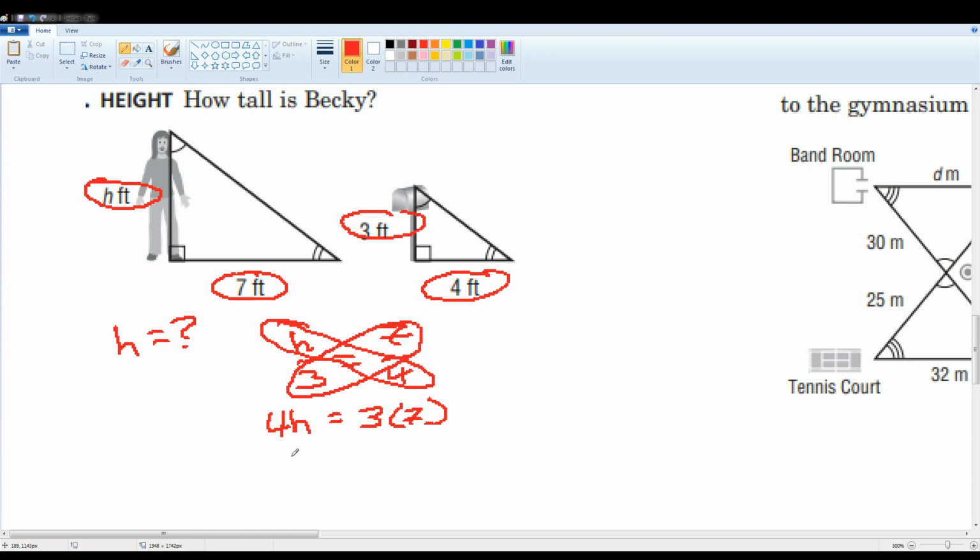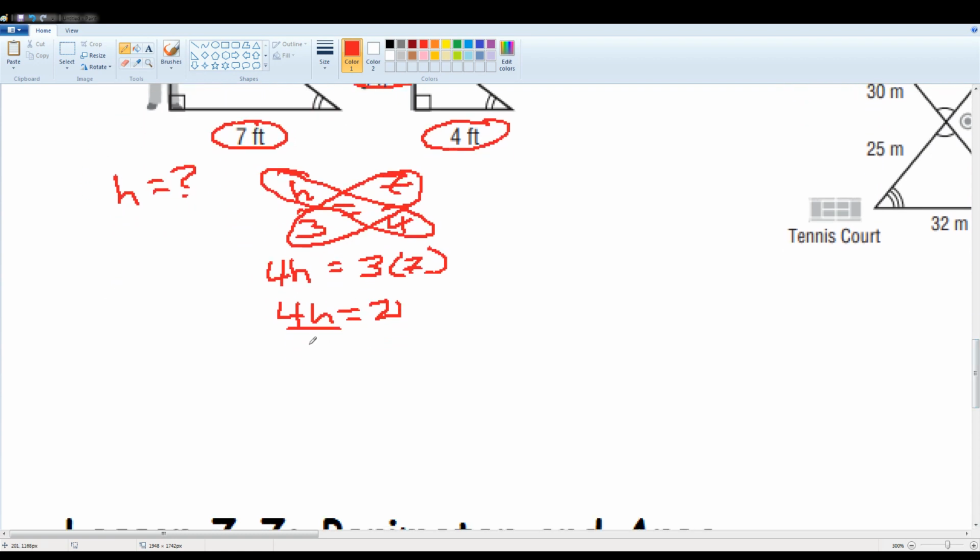And when we get that, we get 4h equals 21. We divide by 4 as our last step. And when I divide by 4, I get h equals 5 and 1/4, or 5.25.